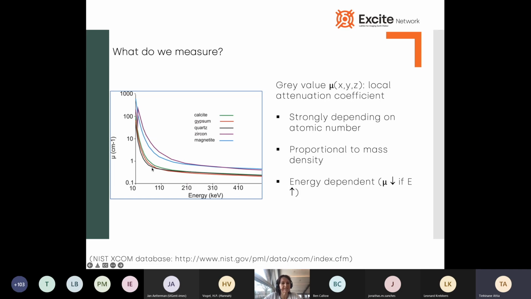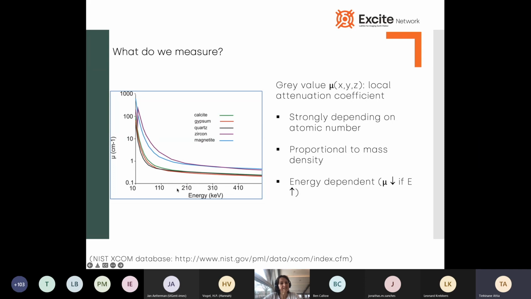And what you see, for instance, is if you are scanning at a low energy, then you will see that the zircon has the highest attenuation, so it will be brighter. Then you will see magnetite, which has a lower gray value, lower attenuation, and then you go down to calcite, gypsum, and the quartz. So based on this theoretical attenuation coefficient, you can already have a kind of estimate that the brighter ones are probably this, or the less bright ones are probably another material.